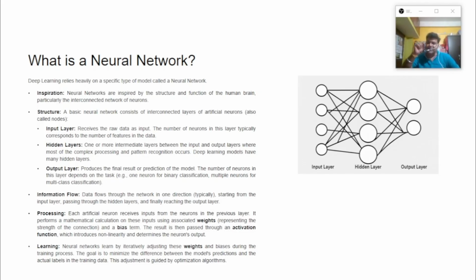It performs a mathematical calculation on these inputs, with associated weights representing the strength of the connection, and a bias. The result is then passed through an activation function. And finally, learning: neural networks learn by iteratively adjusting these weights and biases during the training process, right? This is a summary of neural networks in detail.